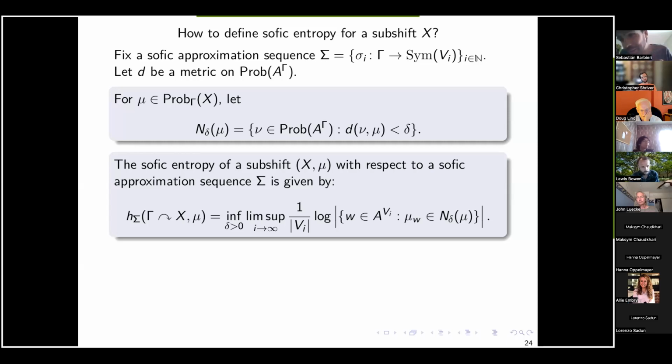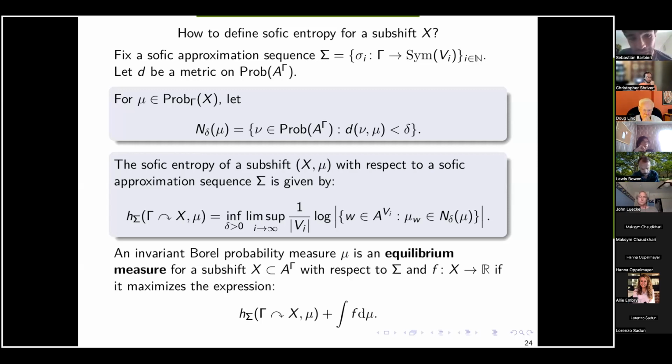If I write things this way, it's nice because I can parameterize everything that was written before with a single parameter delta. Of course, it's not so clear to see what this delta neighborhood is, and I'm hiding a lot of things, but for some purposes, it's easier to work in this way. So it's just a simpler way of presenting sofic entropy, and I think it's as simple as I can get.